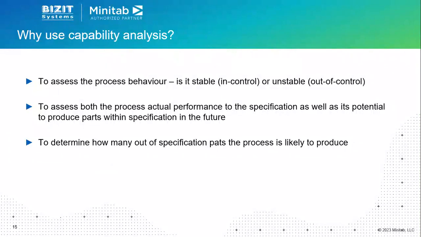Or you want to determine how many out-of-spec parts the process is likely to produce, such as the PPM. That is why we use the capability analysis. Most of us start our journey to continuous improvement when you cannot achieve 1.33, when your Cp, Cpk is not 1.33.